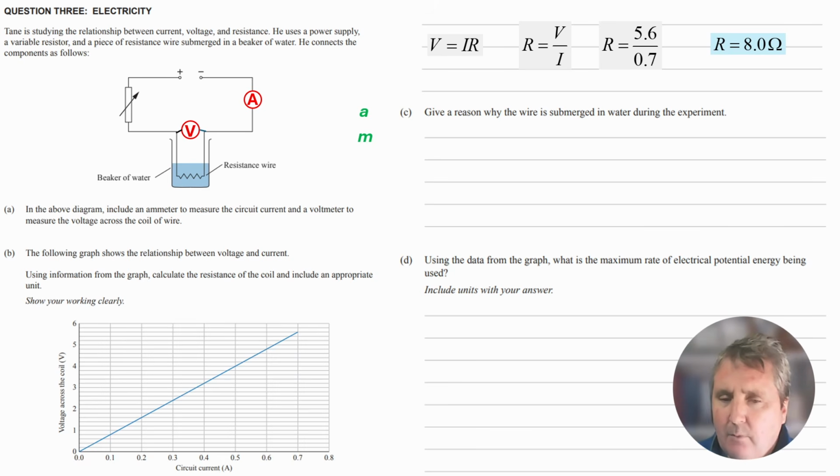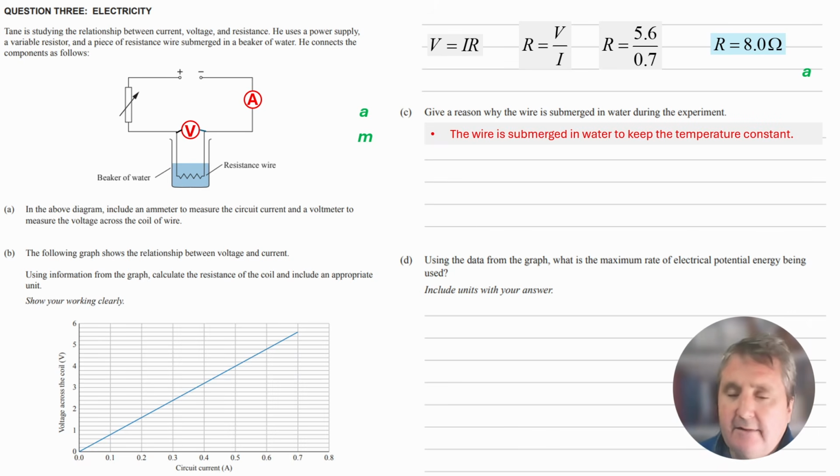Now, give a reason why the wire is submerged in water during the experiment. So because this is a resistance wire, as the electricity goes through, it will heat up this wire. If the wire wasn't in water, it wouldn't be able to transfer its heat quick enough to the air, and it would keep heating up until the wire melted. So the water acts as a way to keep it cool.